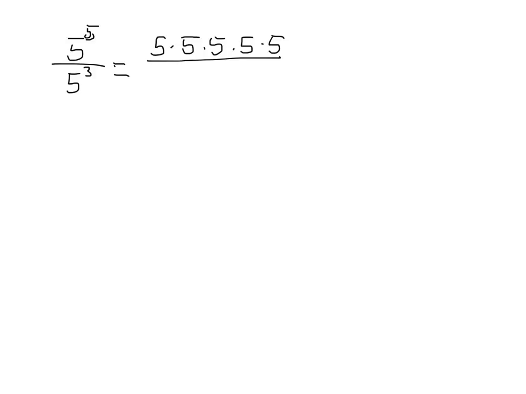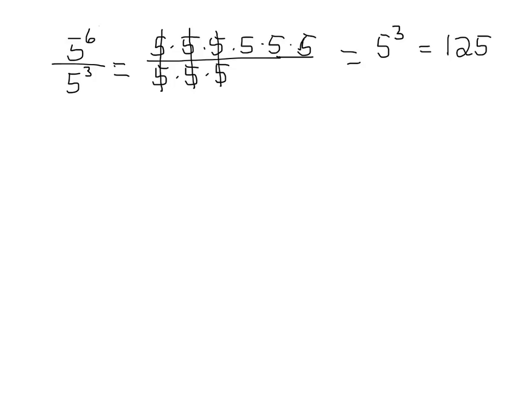And this, down on the bottom, is 5 times 5 times 5. Actually, let's make it 5 to the sixth, since that's so sloppy anyway. And from this I can see that 3 of the 6 will cancel out, leaving 3 on the top. So that is 5 to the third power, and 5 to the third power is 125.